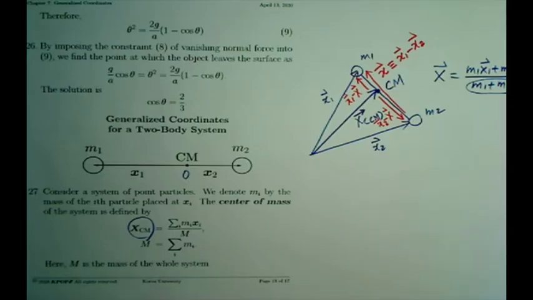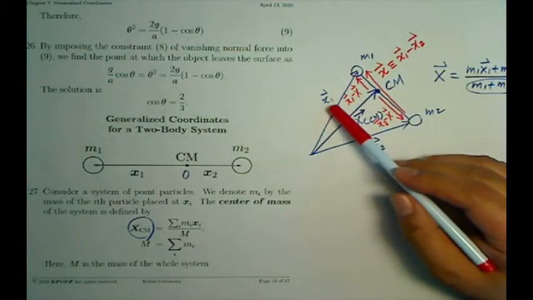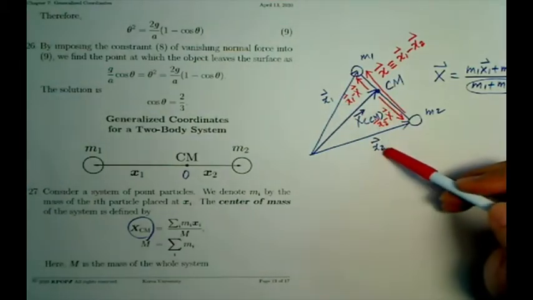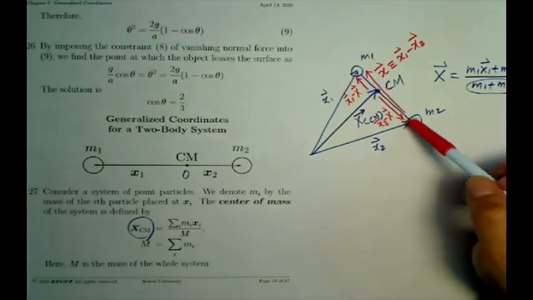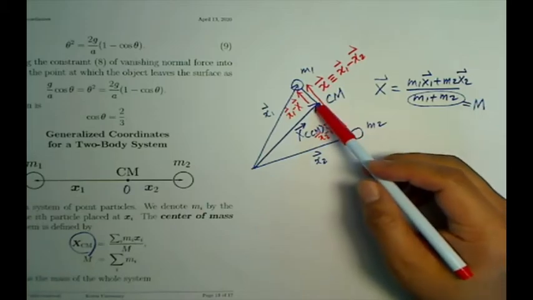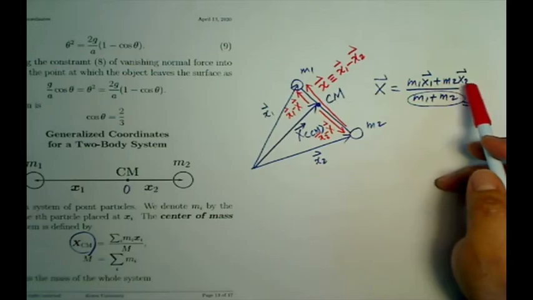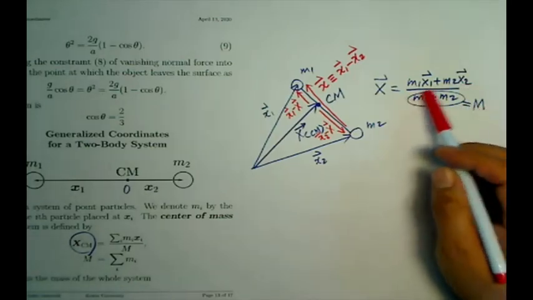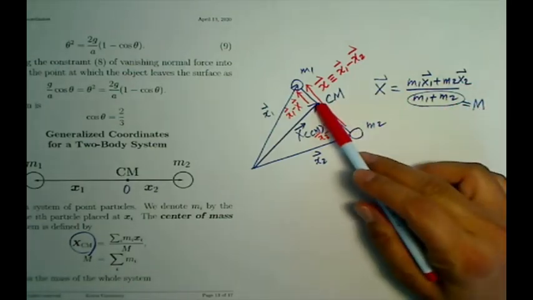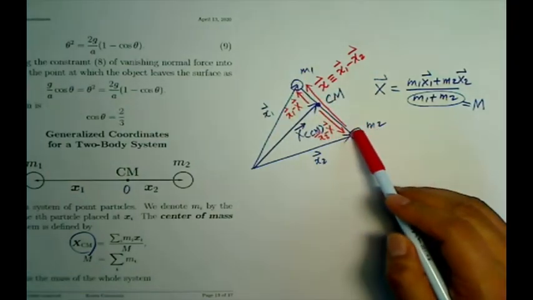If we consider the particles' positions to be x1 and x2, and their masses m1 and m2, what we find is that the center of mass, which is defined by m1 x1 plus m2 x2 divided by the total mass, must be on the straight line that connects the two particles.